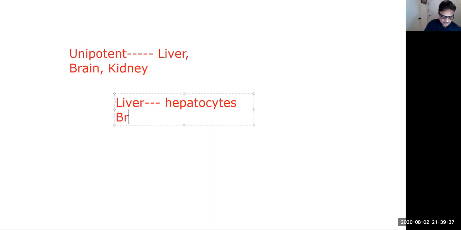Same with the brain. If somebody has a brain stroke, and let's say nerve cells, or neuronal cells, are damaged, it's very hard to regenerate. Some people who get a third-degree burn or higher, a serious burn, their nerves are also destroyed, so it's very hard to get that functional. Same with kidney.